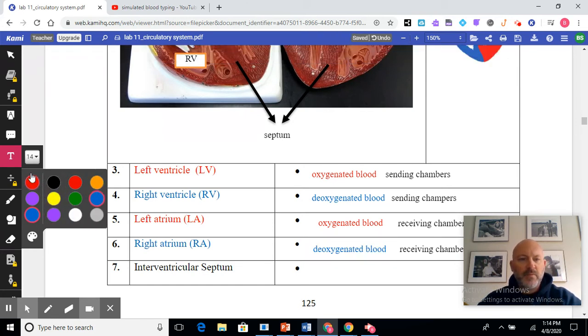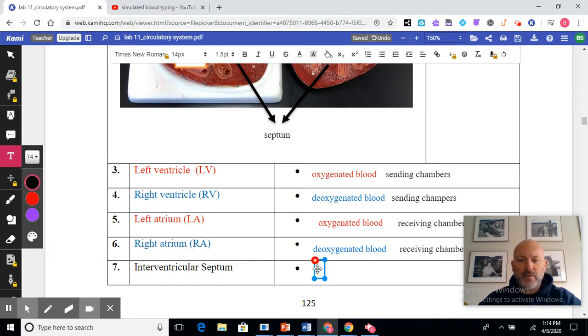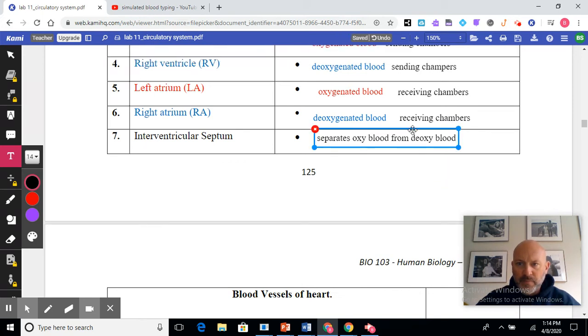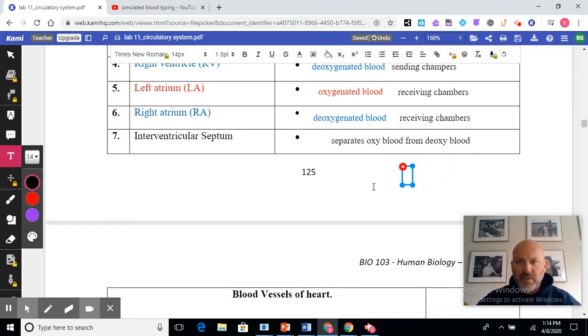And then the septum, of course, we're going to say separates oxy blood from deoxy blood. We're going to abbreviate oxy for oxygenated and deoxy for deoxygenated. All right. I think that's pretty good.